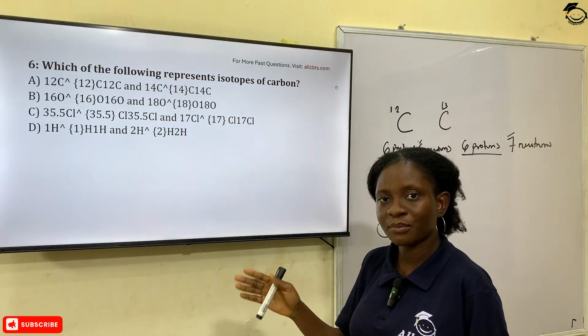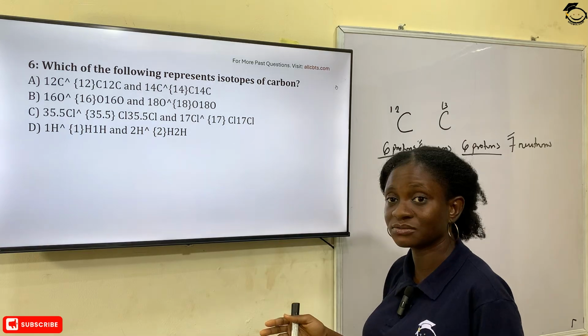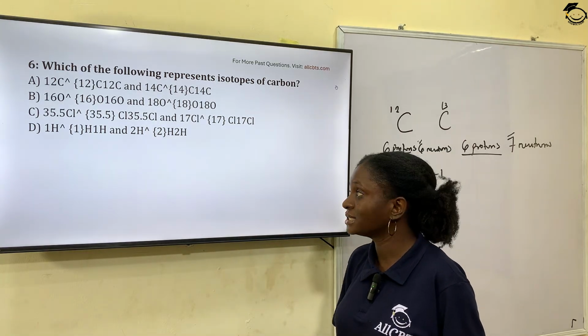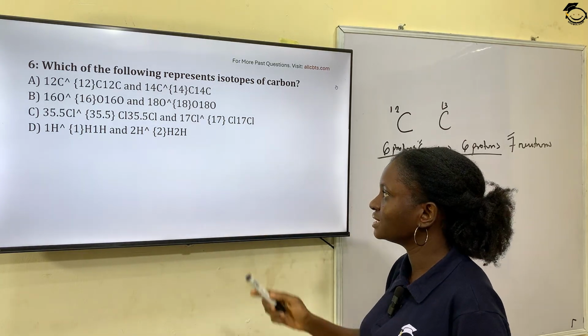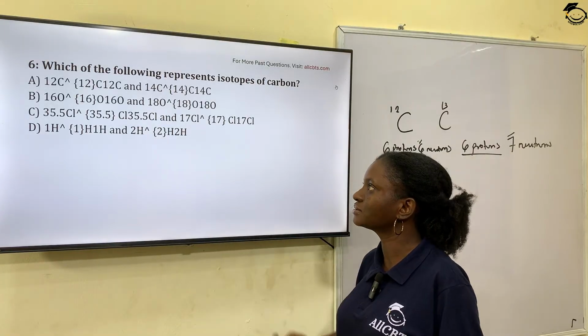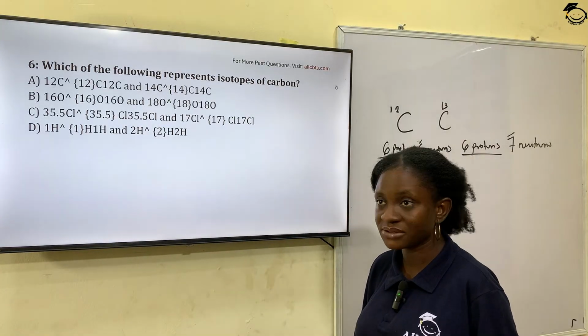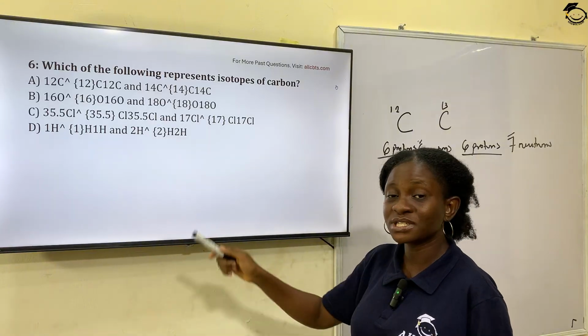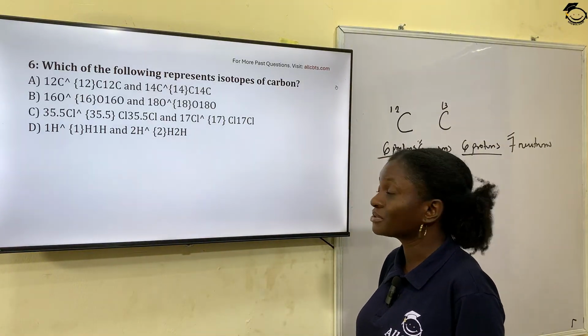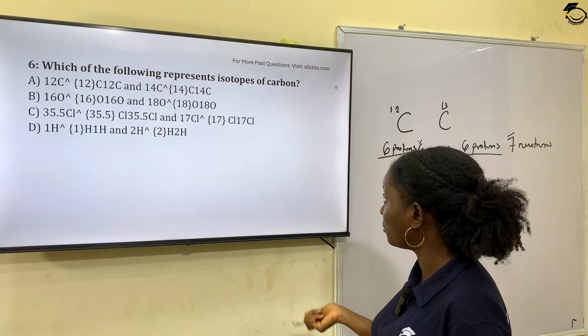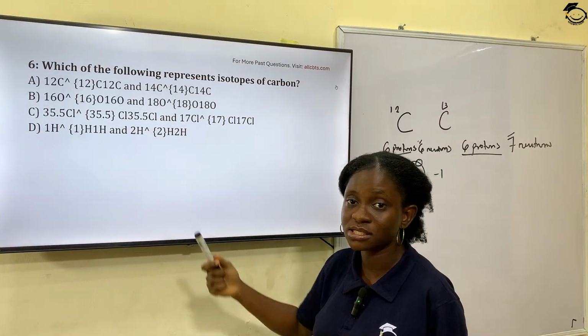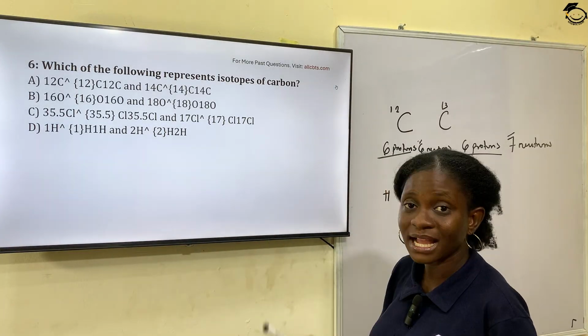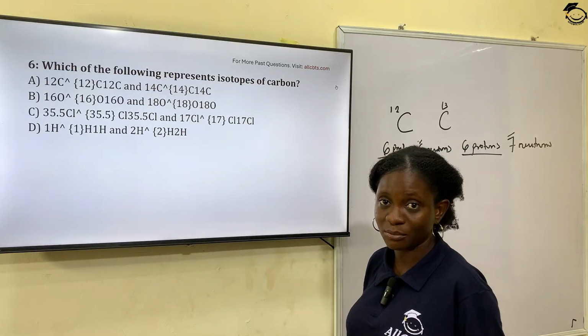Option C, 35.5 chlorine and 17 chlorine. Option D, 1 hydrogen and 2 hydrogen. So the question is specific, it is asking which of these options represents isotopes of carbon. So option A is the correct answer, 12 carbon and 14 carbon.